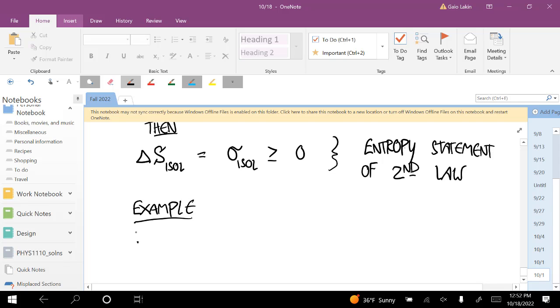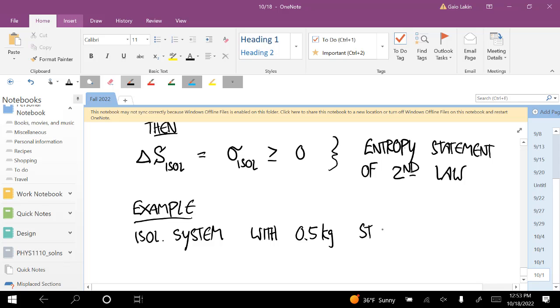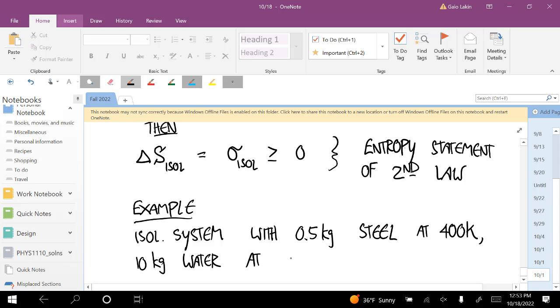Okay, so let's say you have an isolated system with half a kilogram of steel at 400 Kelvin and 10 kilograms of liquid water at 283 Kelvin.